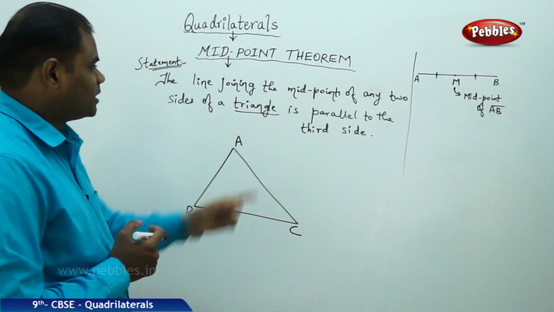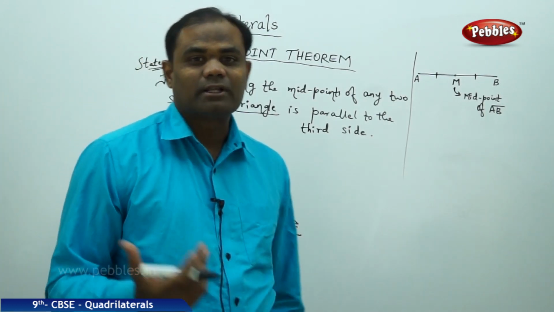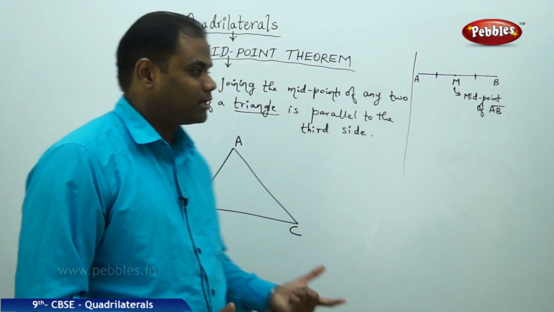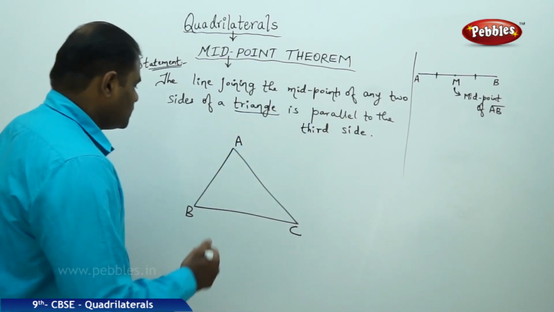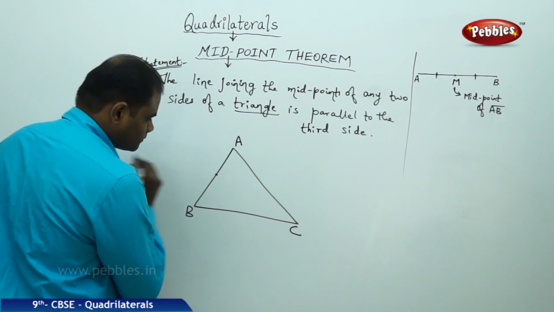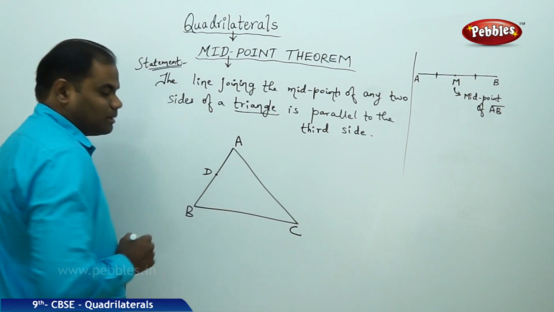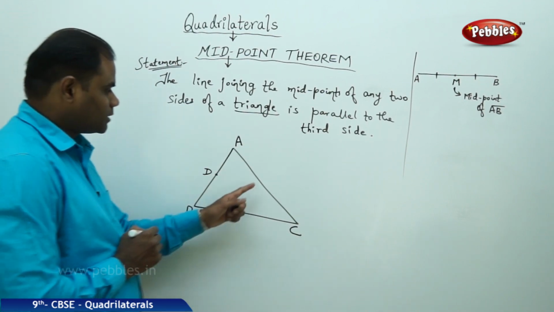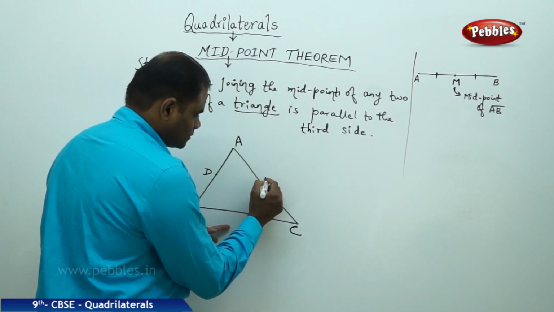So let me take the midpoints of any two sides and then connect the two midpoints so that I get a line. This is how I understand the first part of the statement of the theorem. So here let me take the midpoint of AB, denoted by D, and let me take the midpoint of AC at E.